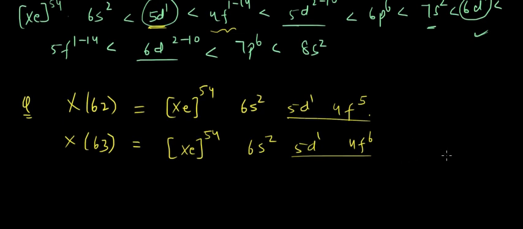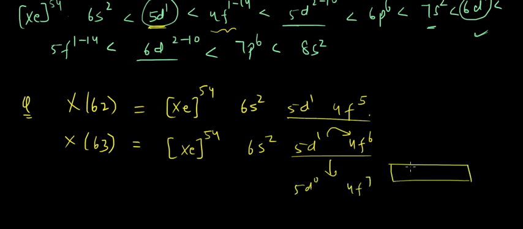But as you can see, by putting one of the electrons here into the 6 filled electrons in the f orbitals, it can get to a half-filled state or configuration.